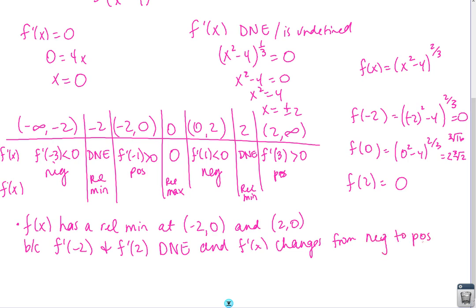Okay, f of x has a relative maximum at 0, 2 cube root 2, or you could just leave that as the cube root of 16. Either one's fine. It's all good, guys.